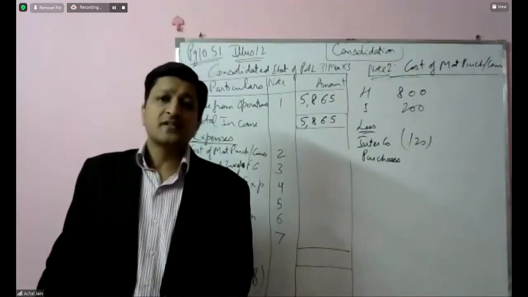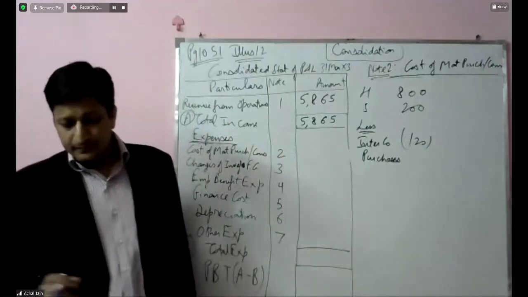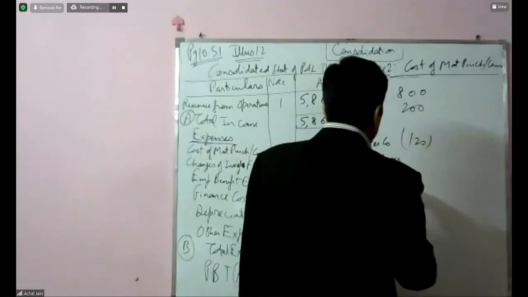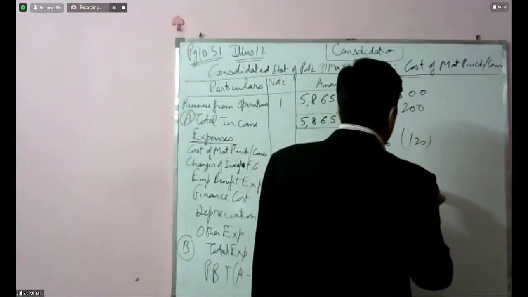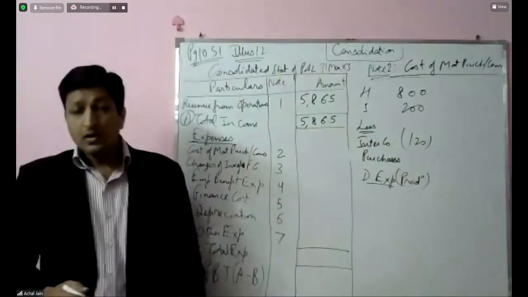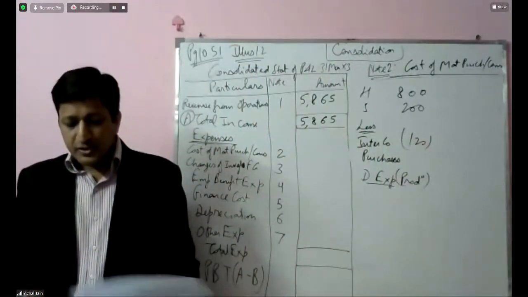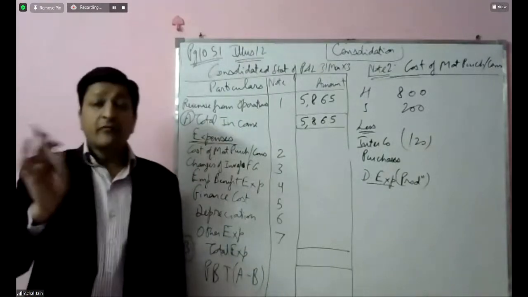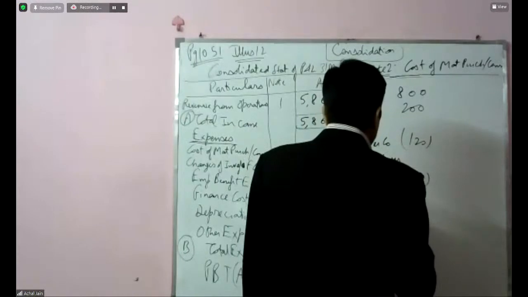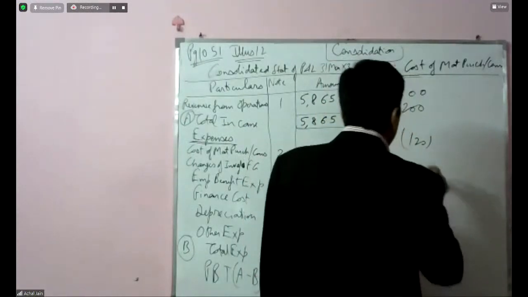Then the production expenses are also given. That will also come under costs only. So direct expenses, which is in relation to production. Information given in the question says it's 200 and 100, and we don't see any adjustment over there. For H and S, it's 200 and 100.